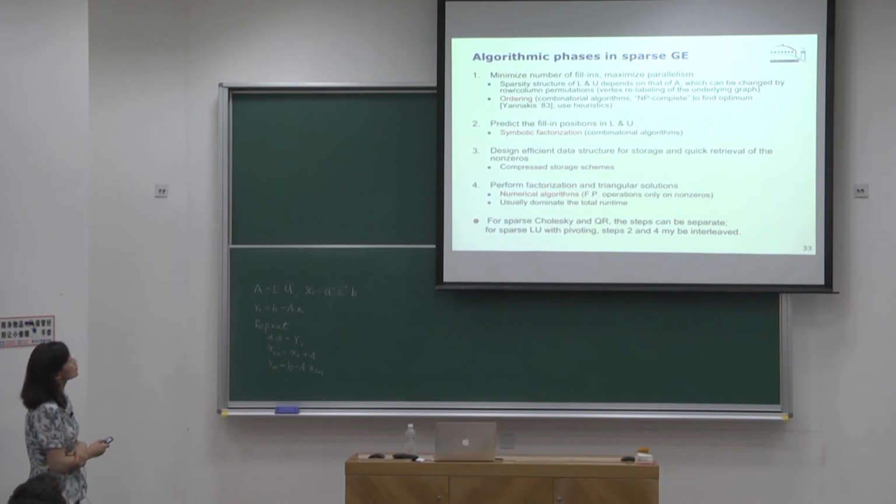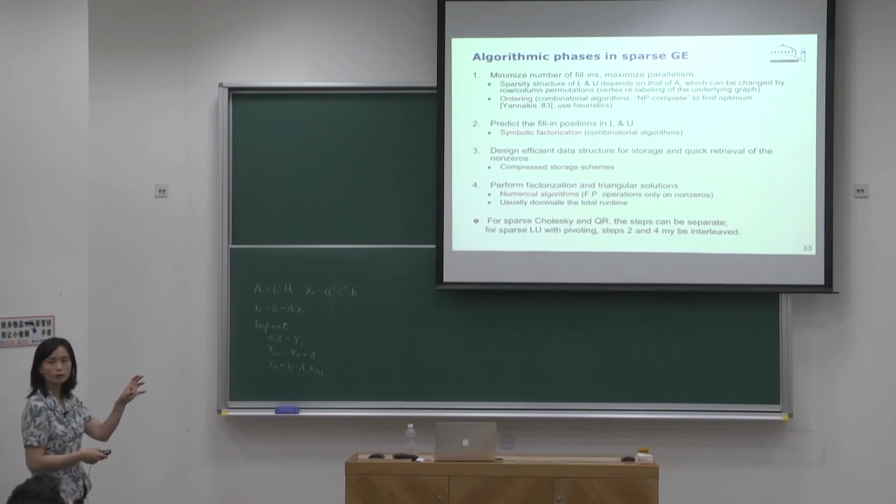Then in the sparse GE, if you look at the whole solution process, there are several stages. All the issues could be touched at each stage. The first stage is a combinatorial problem. You find the ordering to minimize the fill and maximize parallelism. So that's the first pre-processing stage. And the second pre-processing stage is to predict the fill positions.